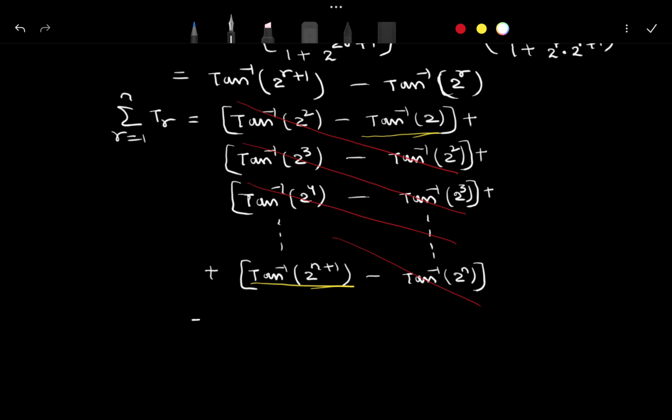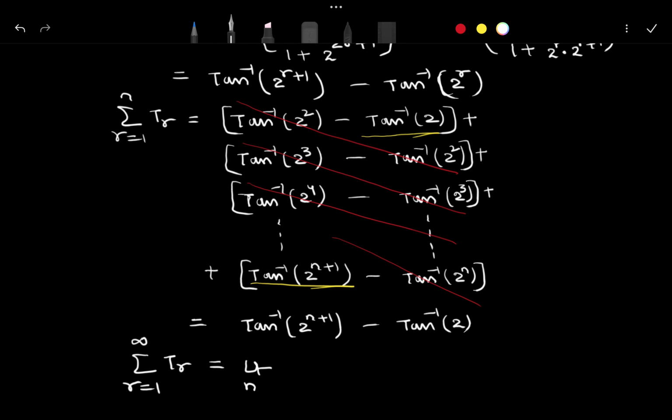So here you can write tan inverse of 2 power n plus 1 minus tan inverse of 2. Now you see very clearly, you want the sum of the infinite terms. So sigma r equals 1 to infinity of tr equals, take the limit n tends to infinity, of tan inverse of 2 power n plus 1 minus tan inverse of 2.